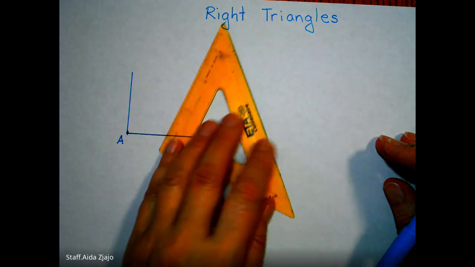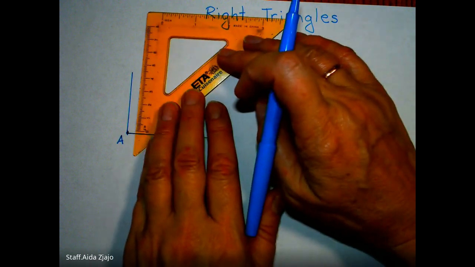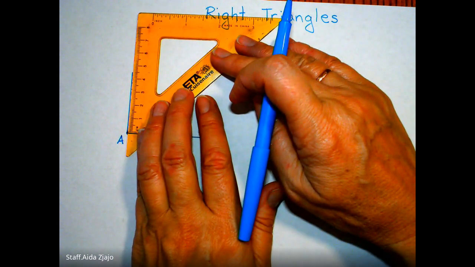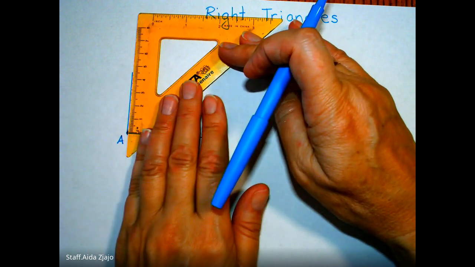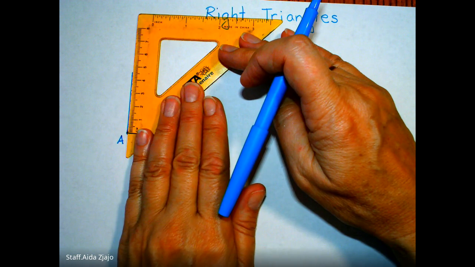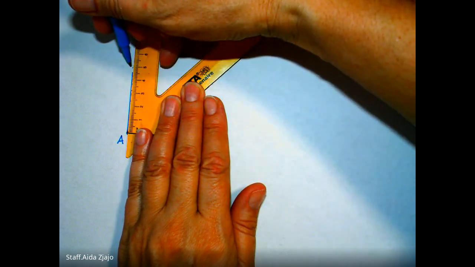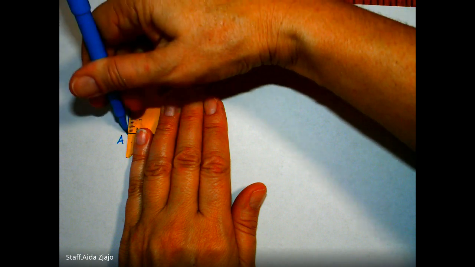So I'm going to think about, oh, I would like maybe 4 centimeters, or maybe 5. Let's do 5 centimeters. Okay, so this is going to be a 5 centimeter line.